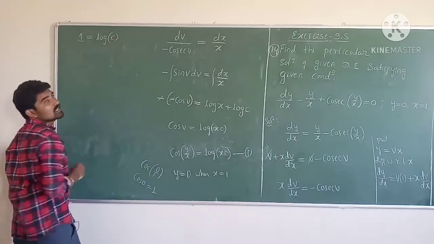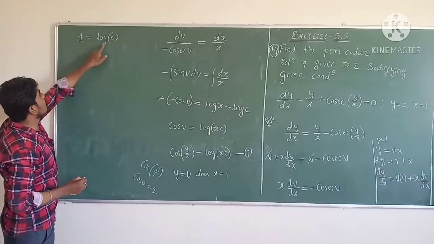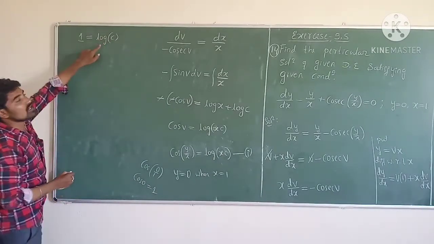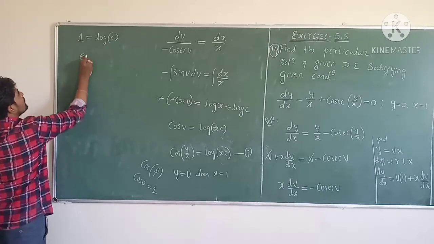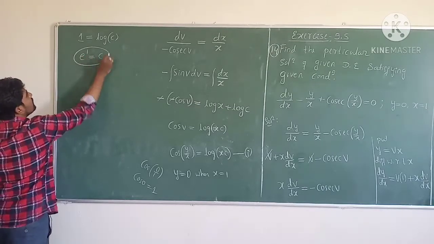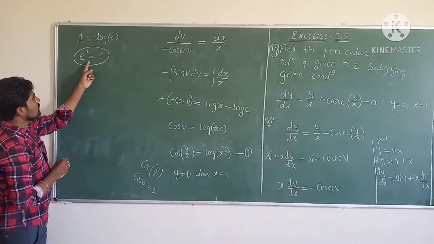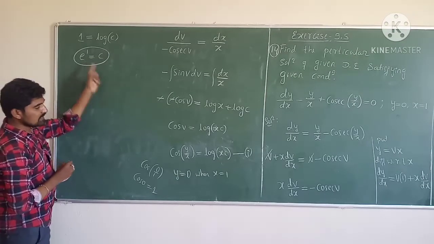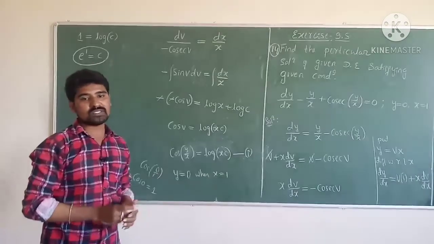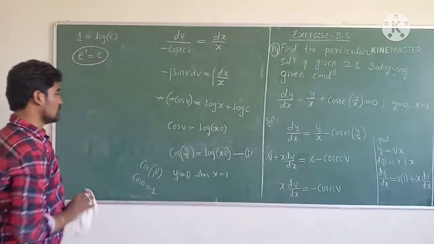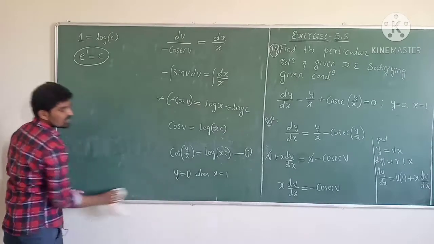So 1 equals log c. Now shift this log towards the left hand side. Log becomes exponential form. We get e power 1 is equal to c, and the value of c is e. For the required particular solution, substitute this value of c in this obtained general solution, we get the required particular solution of the given differential equation.